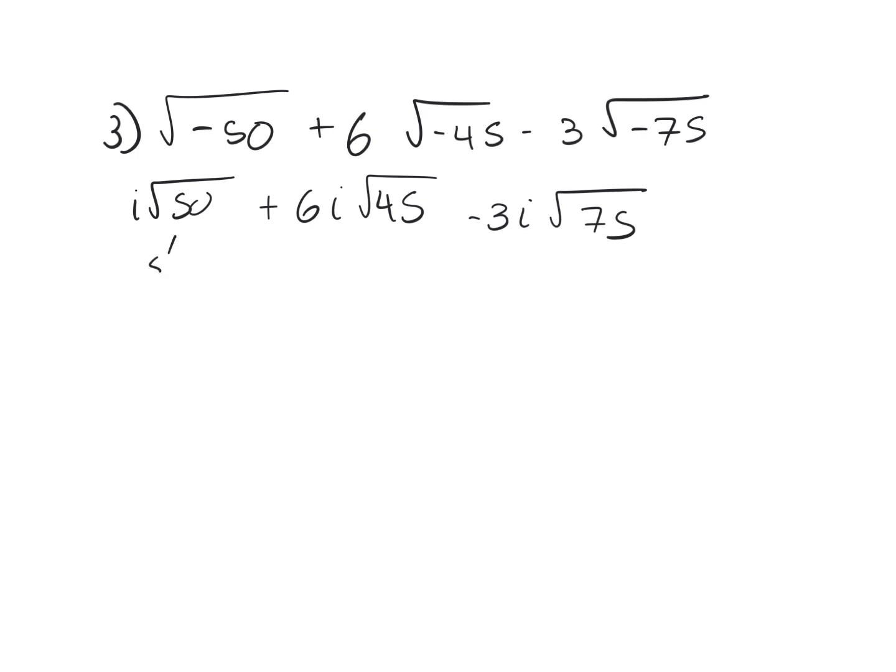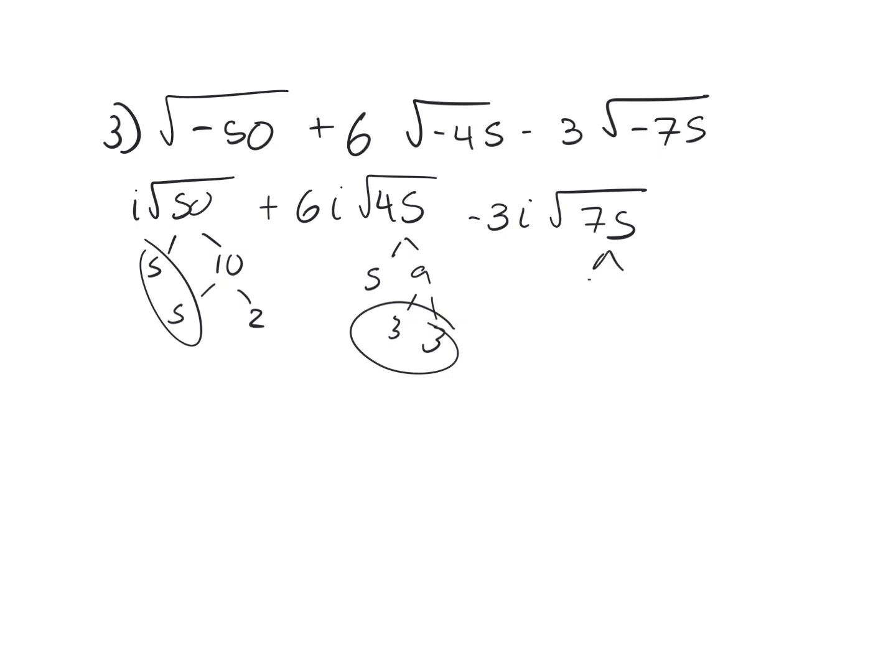I can do, well, 5 and 10. I can do 5 and 2, so I can get the 5s out. This will be, let's do 5 and 9, 3 and 3. We have the 3s that come out. Here I can do 5 and 15, 5 and 3, so the 5s is what comes out.